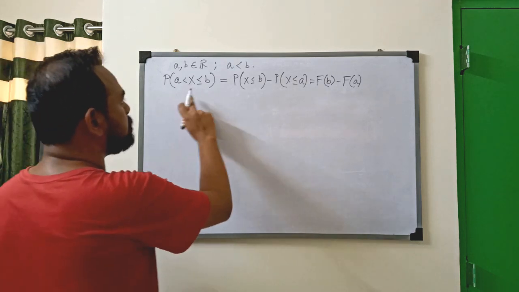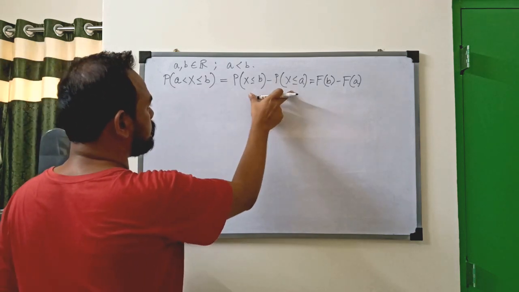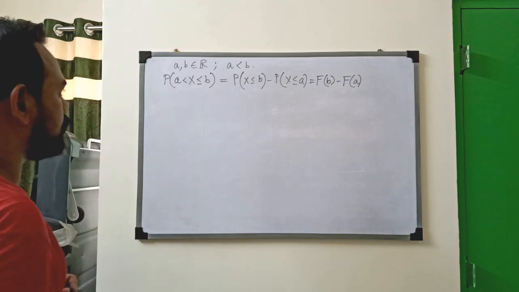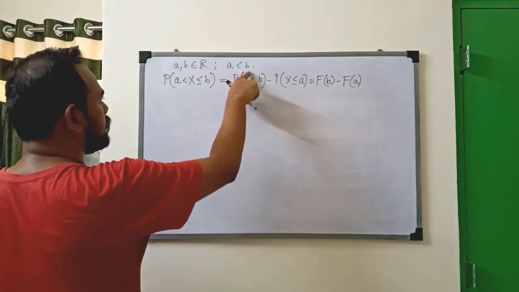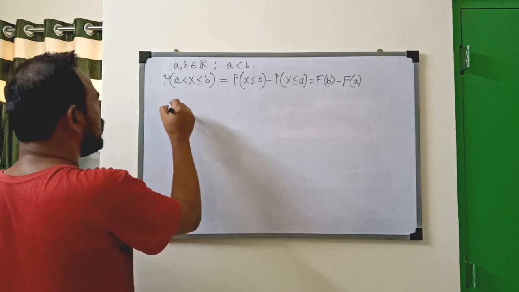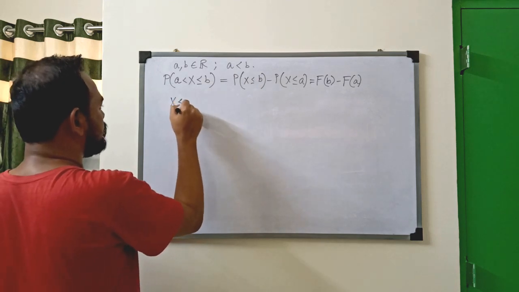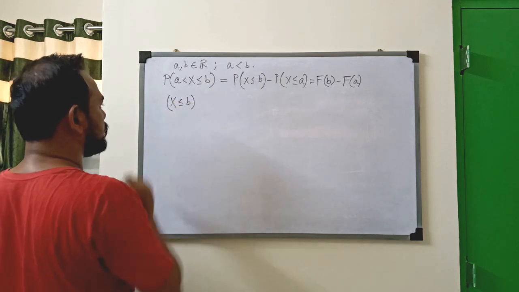So let's see how, so the important thing is how do you get this step from this one, okay? So the way we can write it, because B is the bigger number here, let's say I look at the event that X is less than equal to B, okay?